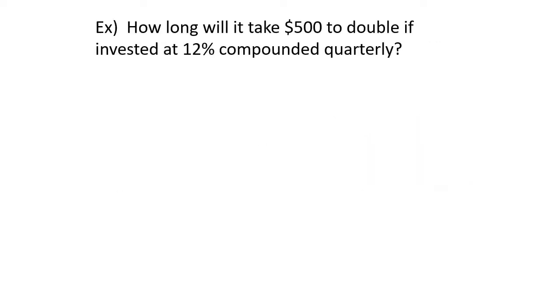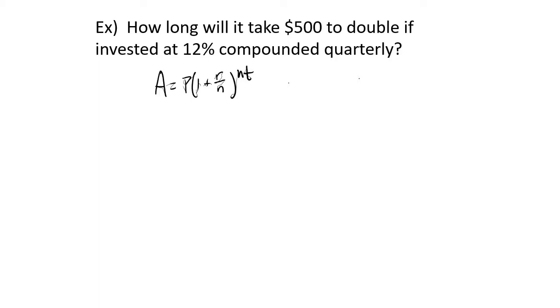Now here's another problem. This is something we've been able to solve before, but in doing so we had to draw two graphs and find their intersection points. Here's the formula we're using: A equals P times the quantity 1 plus r divided by n, to the nt power.